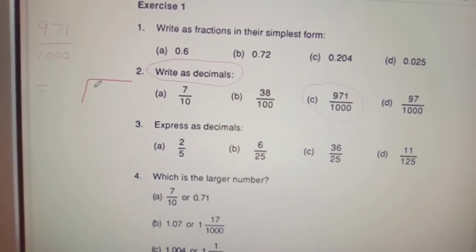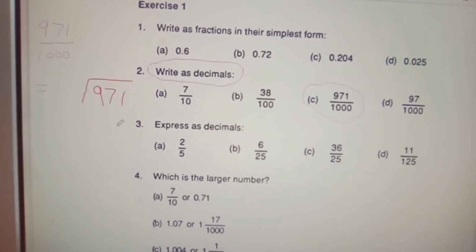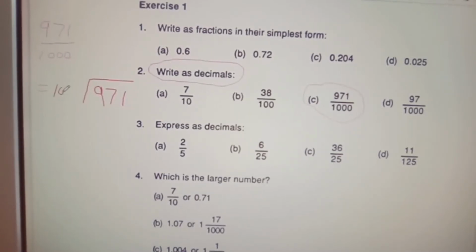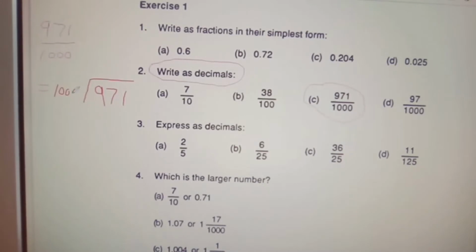We're going to put 971 here, and outside here we're going to put 1000.